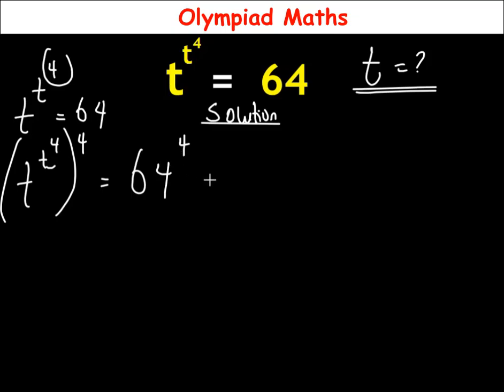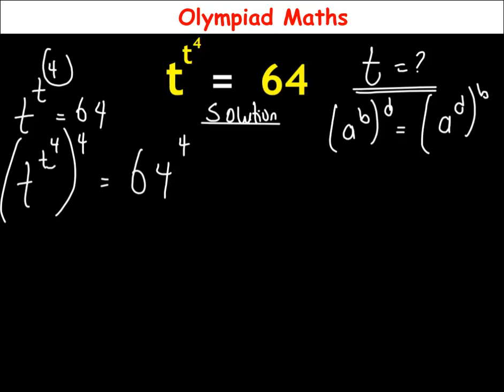Then with this, we are going to apply a rule that if you have in brackets a raised to power b, power of d, this equals in brackets a raised to power d, power of b. So we flip the powers, d comes inside and b comes outside. If you multiply both powers, you will still get the same answer.